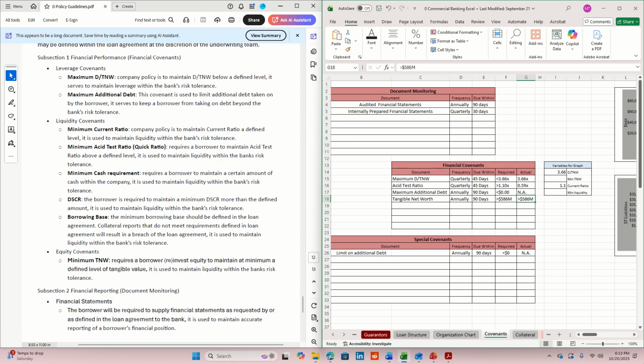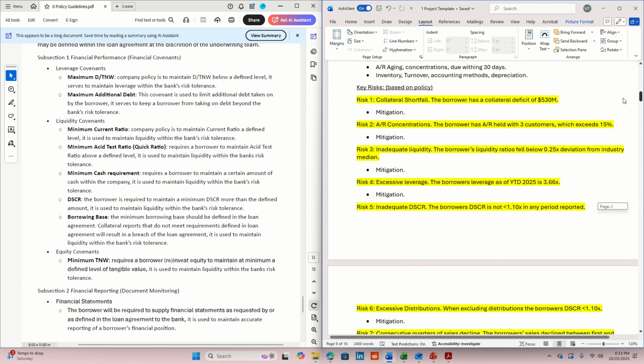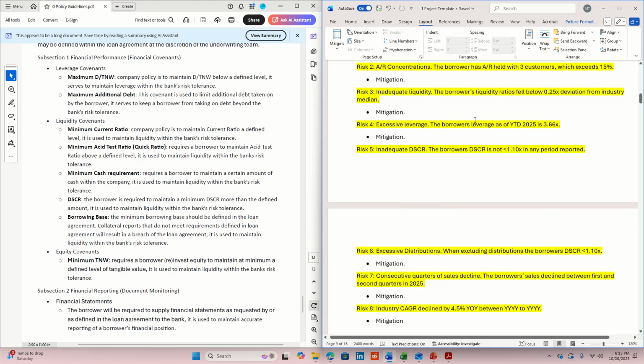And right now, that tangible net worth is $586,000. Okay. So what else did they break? Oh right, their collateral. We'll get to that too.